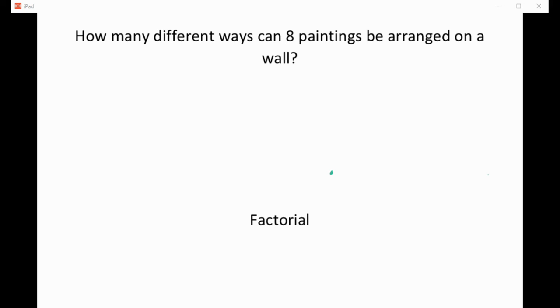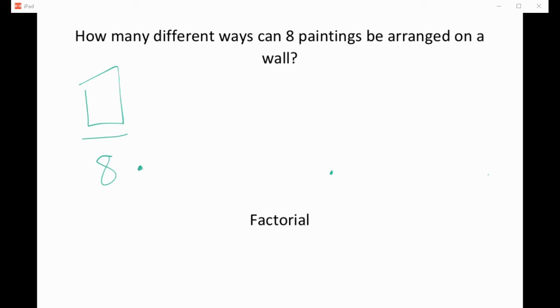okay, this one's kind of tricky. So how many different ways can 8 paintings be arranged on a wall? Well, if you think about it, you gotta take it one spot at a time. So there's the first spot on the wall. You have 8 choices, but then you're gonna hang up a painting.